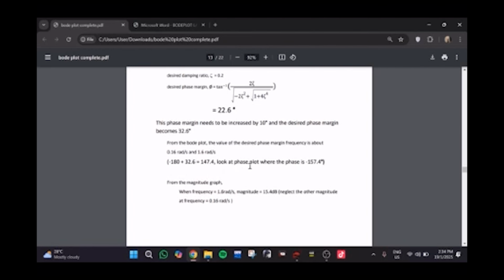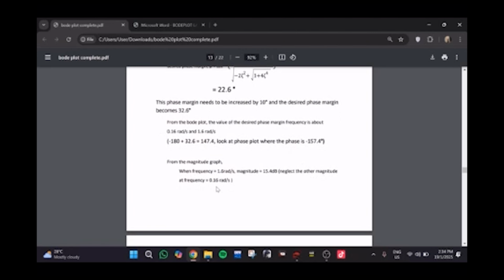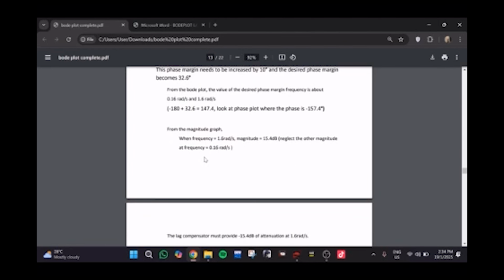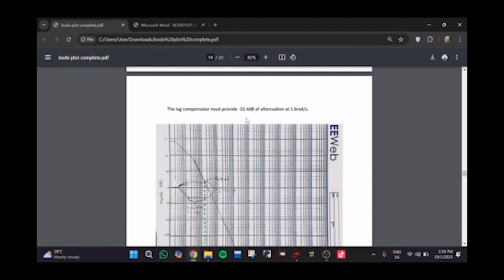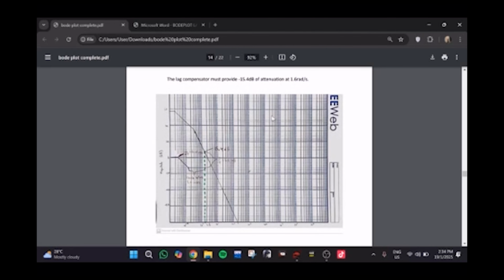So look at the phase plot where the phase is negative 157.4. For the magnitude graph, where the frequency equals 1.6 radians, the magnitude equals 15.4 dB; neglect the other magnitude and the frequency equal 0.16 radians. The lag compensator must provide negative 15.4 dB of attenuation at 1.6 radians.